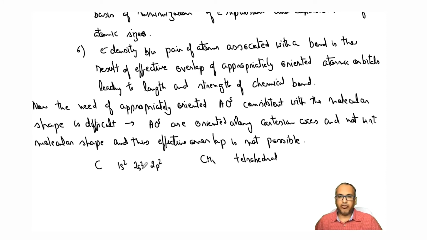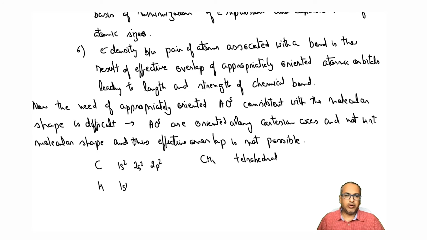Now if four hydrogens come with 1s orbitals, then the combination happens between this s orbital and the empty p orbitals. So all the bonds formed will not be the same if we just combine atomic orbitals of carbon with atomic orbitals of hydrogen, right? Hydrogen has 1s1, right? So these are not effective overlaps, and this will not intuitively lead to a tetrahedral shape.